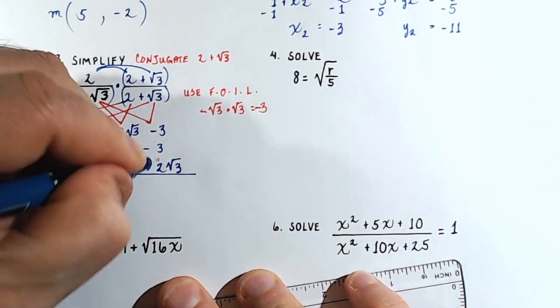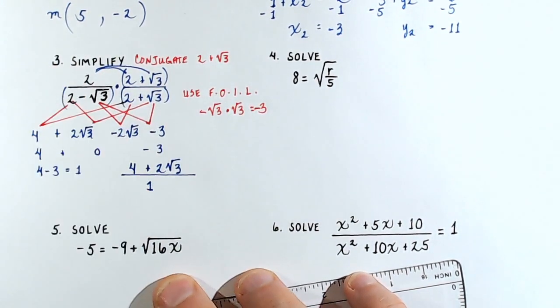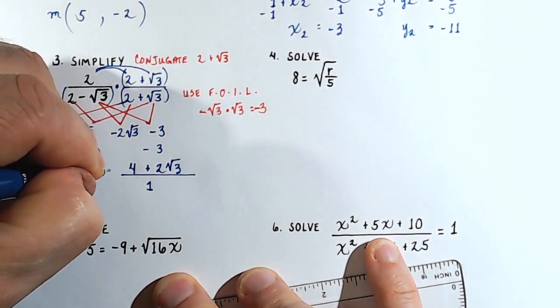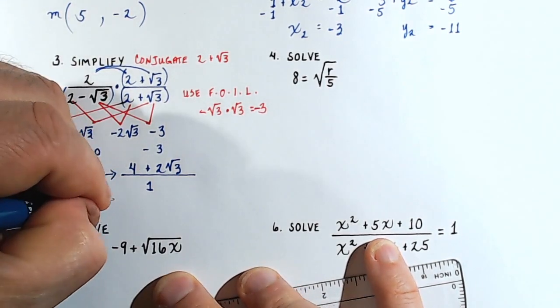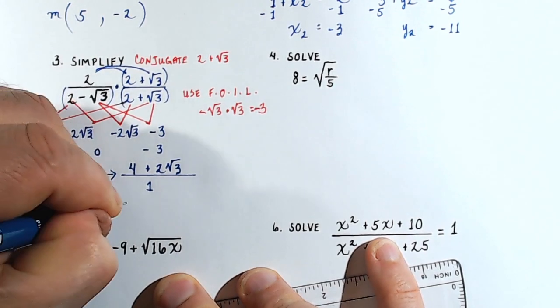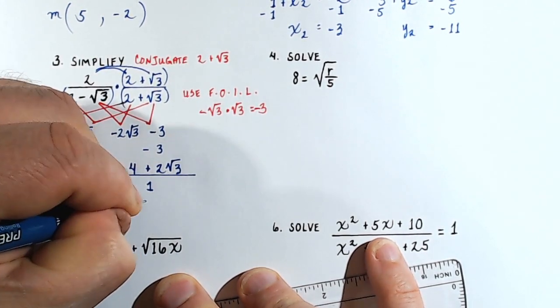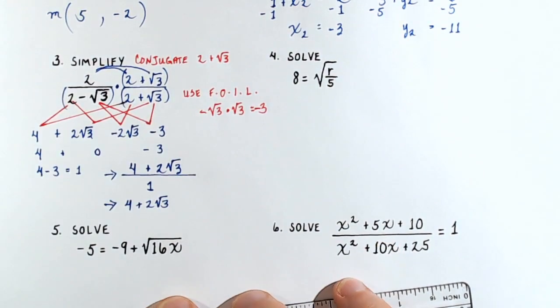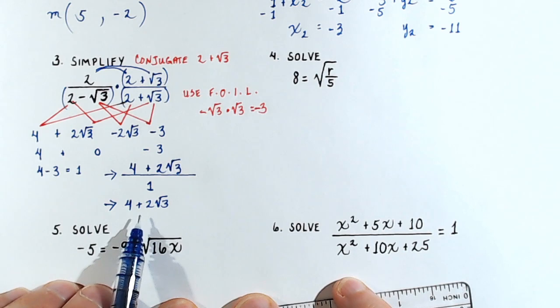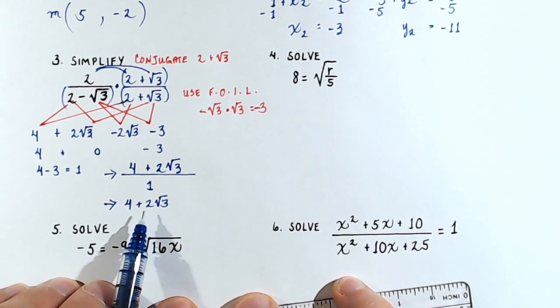In the denominator, I just have 1, right? So this whole thing becomes this, which can be written a little bit more elegantly as 4 plus 2 square root 3. So that problem, simplified, becomes this expression right here, 4 plus 2 square root 3.